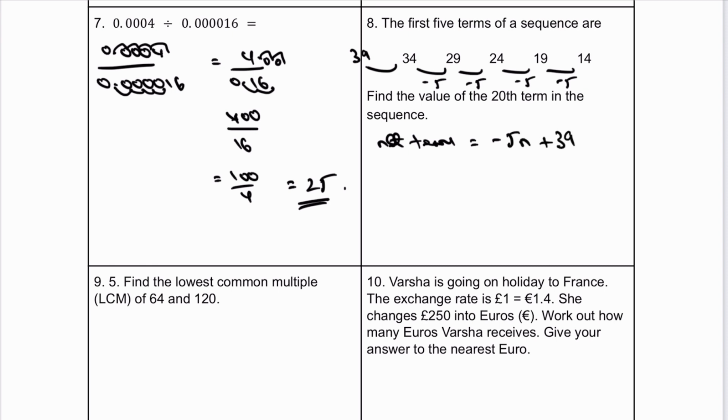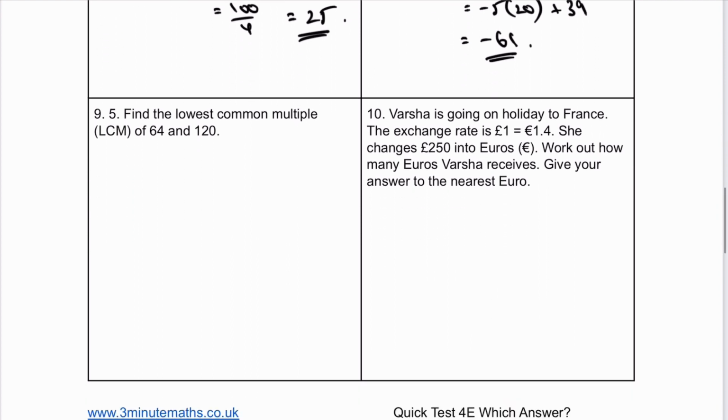So if I want to find the 20th value, I'm going to just put 20 where n is, and then calculate that, and it should give me minus 61, and that would be the answer to question number 8. Okay, let's have a look then at question number 9 and 10.